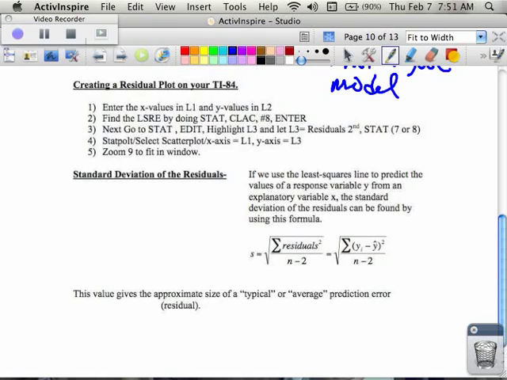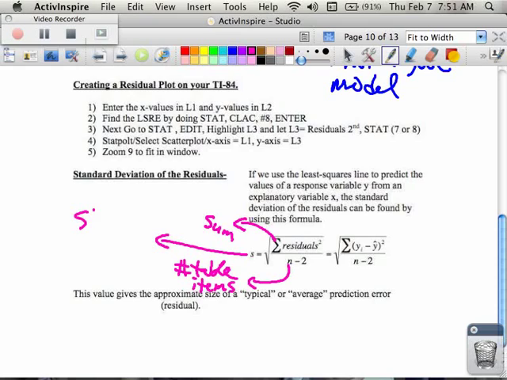N is referring to the number of items in your table. The sigma again means the word sum, and the S stands for the standard deviation.